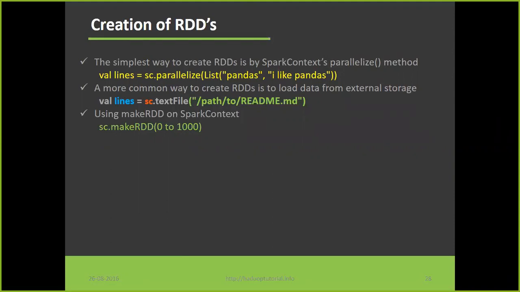I'm a bit confused here, because when I create an RDD, if I have val lines equal to sc.textFile, and lines equal to, you can't assign another RDD which is of a different data type. But these lines can have any data type, right? It is at the time of loading that it's decided it's an RDD of string. That's it.